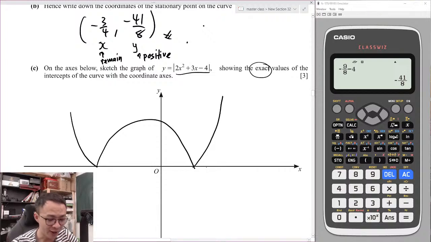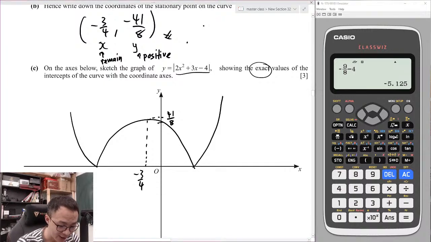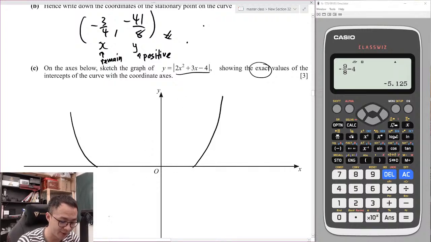Why? Because the x value at the turning point is negative 3/4. The y value will be 41/8. 41/8, if you see carefully, is quite close to 4, right? So the 4 will be slightly below it a little bit. Let me draw nicely a little bit, because I wish you can see some difference here.